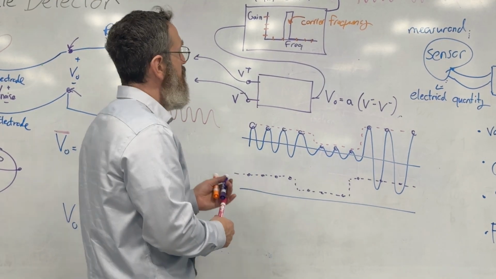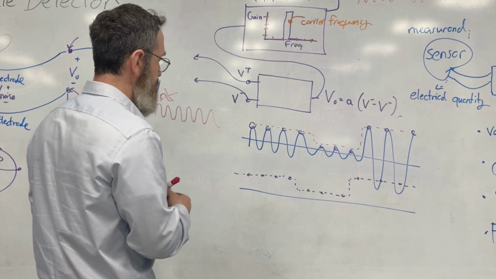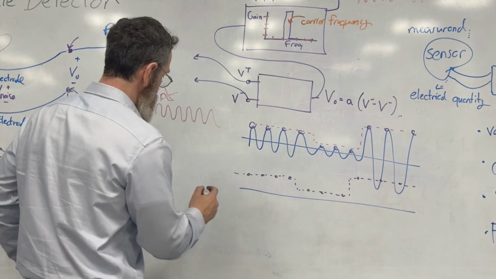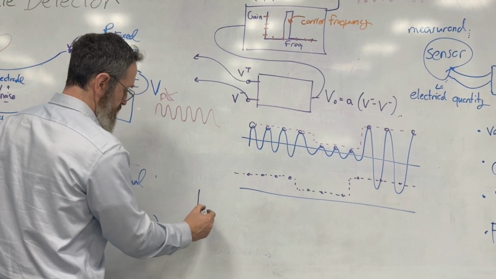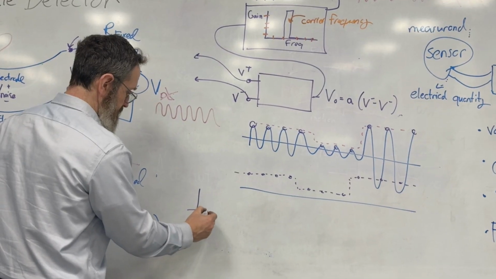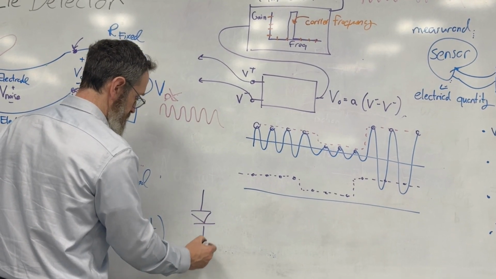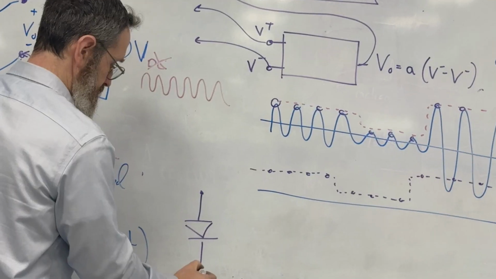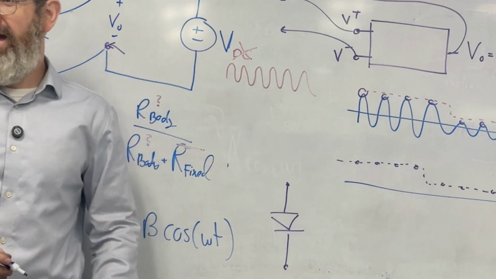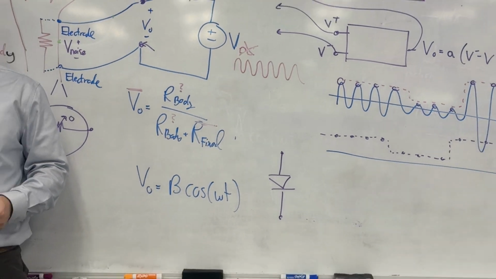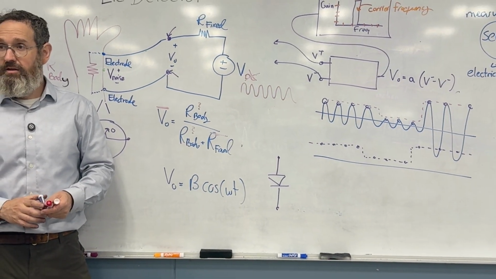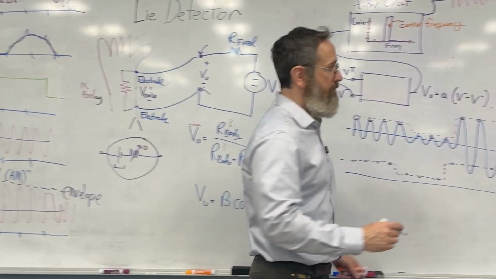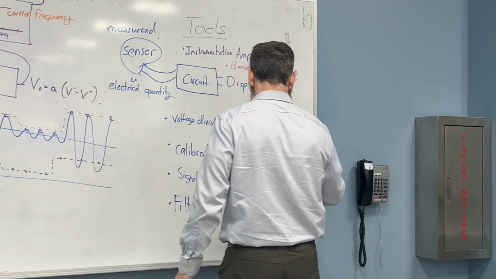Well, what you would do is you would first start with this. Do you remember that thing? We've seen it before. What's that? It's an LED, as we've used it before.